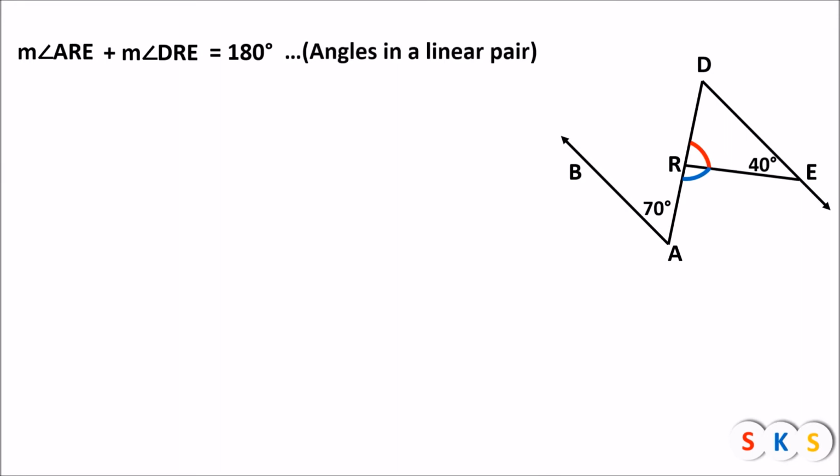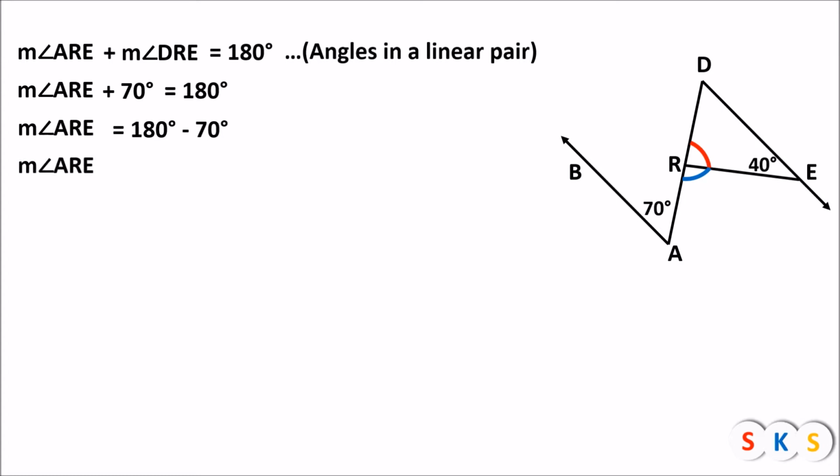Therefore, measure angle ARE plus 70 degree equals to 180 degree. Therefore, measure angle ARE equals to 180 minus 70 degree. Therefore, measure angle ARE equals to 110 degree.